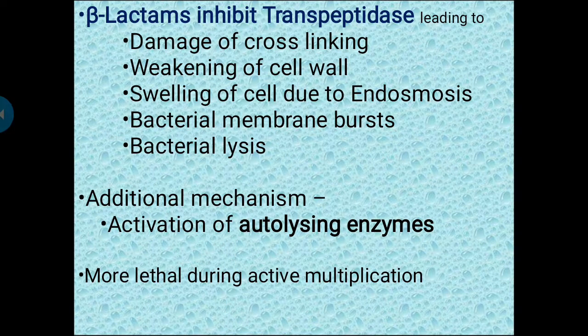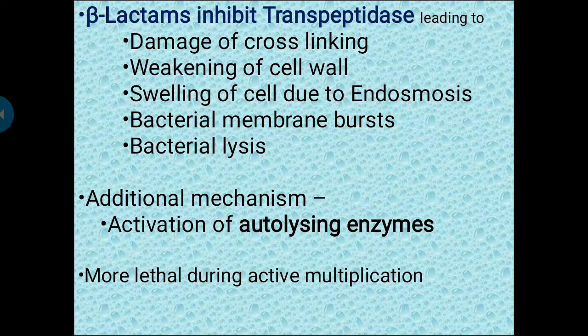So beta-lactams inhibit the transpeptidase. What is the effect? There is damage of the cross-linking, weakening of the cell wall, swelling of the cell due to endosmosis, bacterial membrane burst, and bacterial lysis. Also, there is activation of the autolytic enzymes, and this is more lethal during active growth.